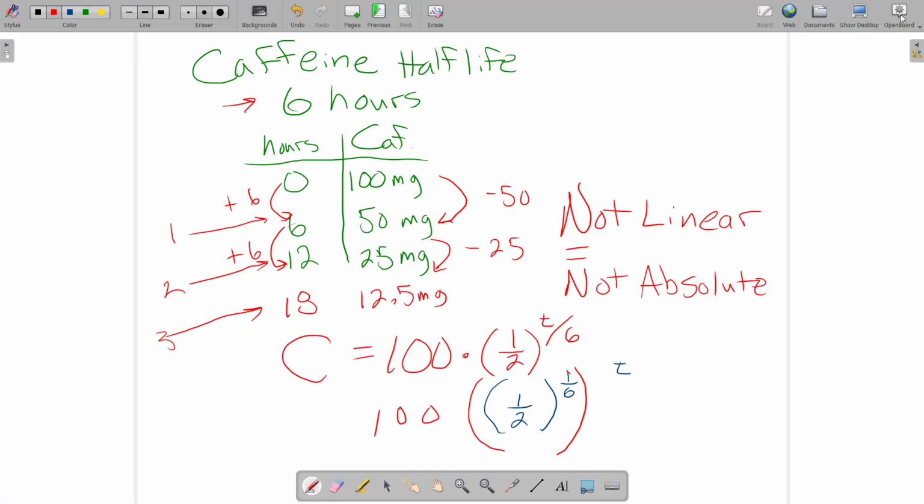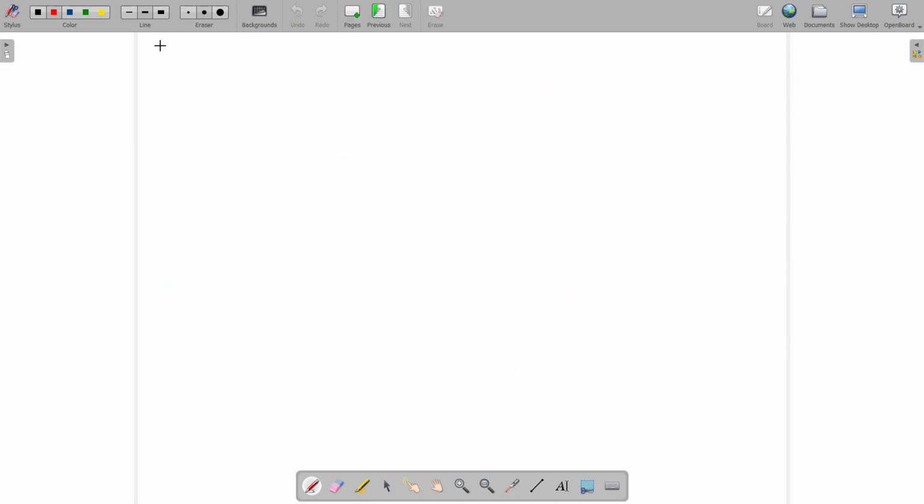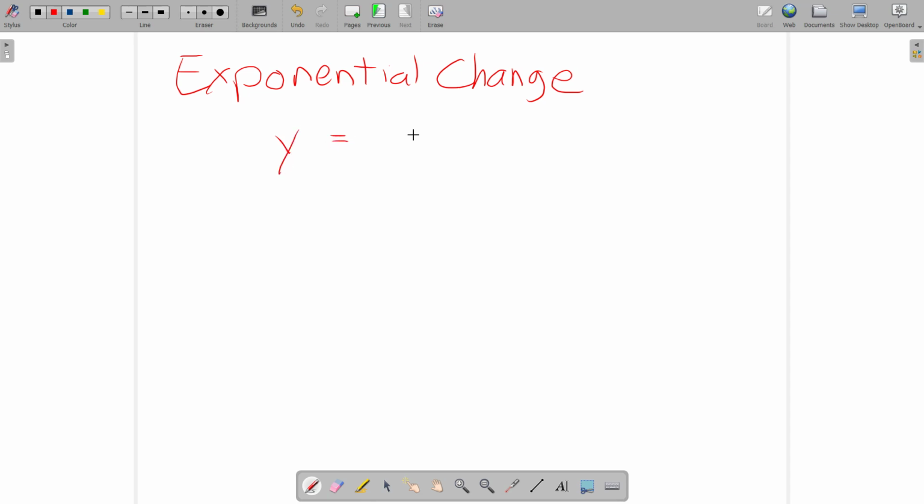Last bit of information for now. Exponential change. And so Y, our output here, could be caffeine, could be the price of a car, could be the amount of money in an account, is equal to some starting amount, and that goes by different letters, some base amount, and then the amount of time that goes by.